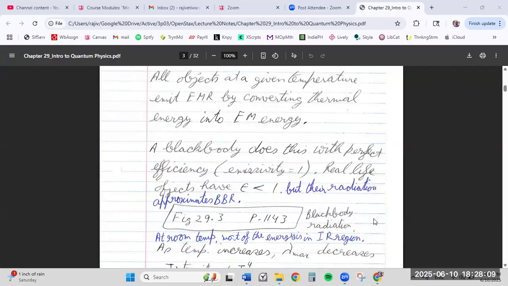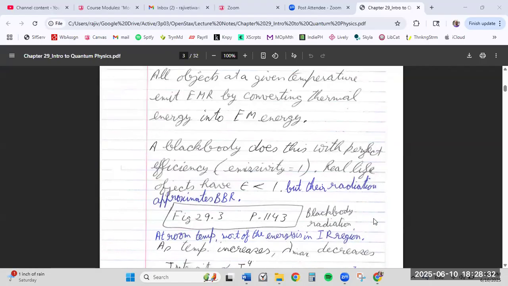During this collision, there's an acceleration of the charged particle, which we know can create electromagnetic radiation. So some of the thermal energy, which is basically kinetic energy of these molecules, is being converted into electromagnetic energy, and that's emitted as electromagnetic radiation. So any object at a certain temperature emits electromagnetic energy.